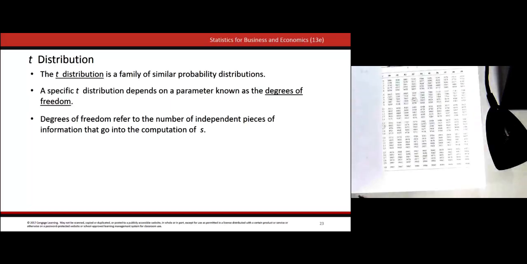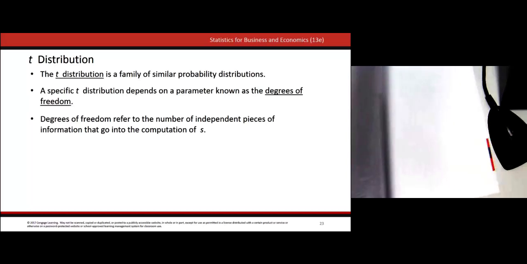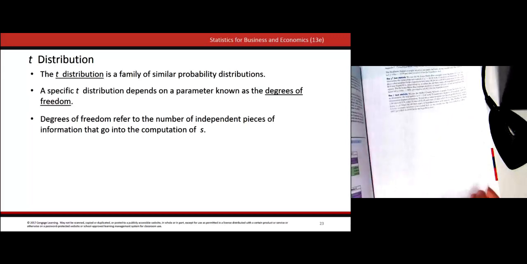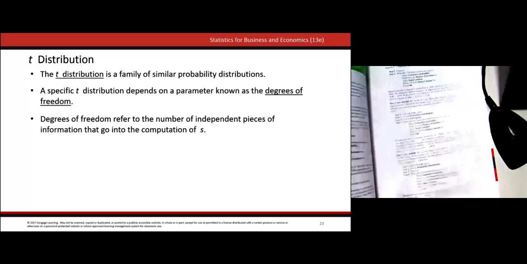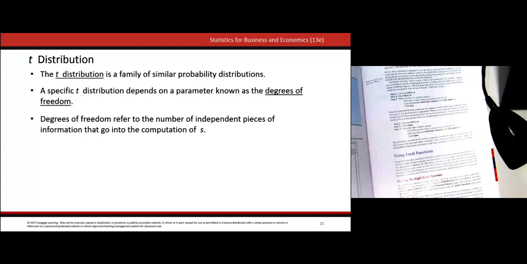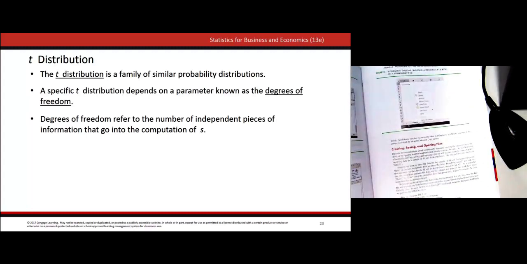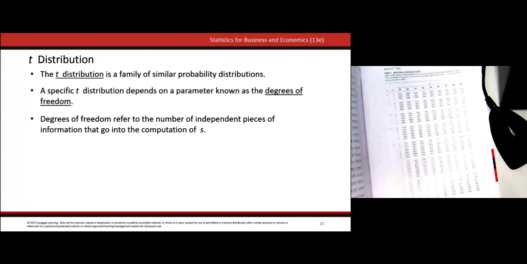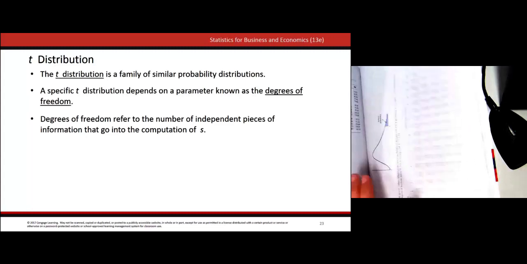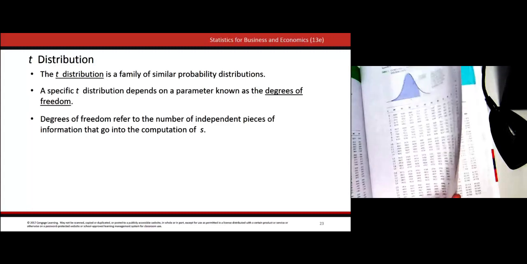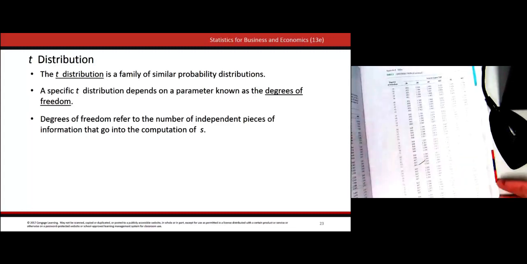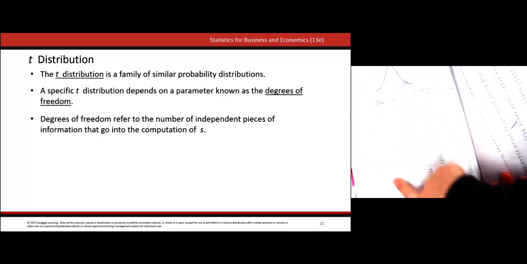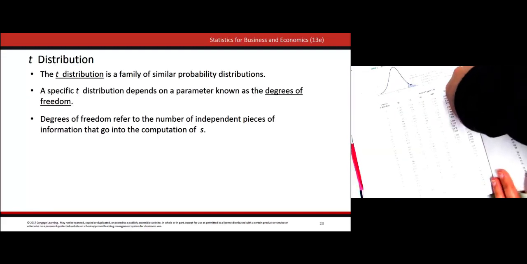We can see the t distribution at the back of the book. You see the degrees of freedom, and it gives the upper tail area.